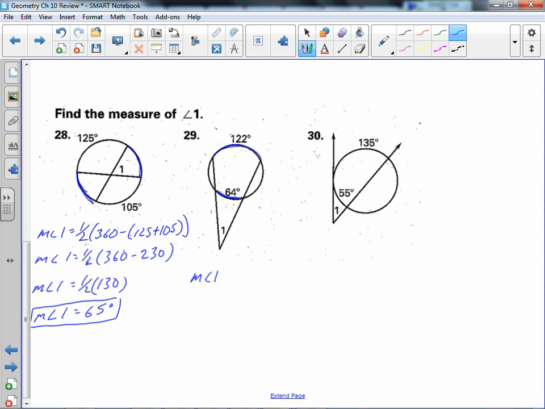So the measure of angle 1 is going to equal half of the difference of those two, or half of 122 minus 64, which is going to give us 58. Measure of angle 1 is going to be 29 degrees.